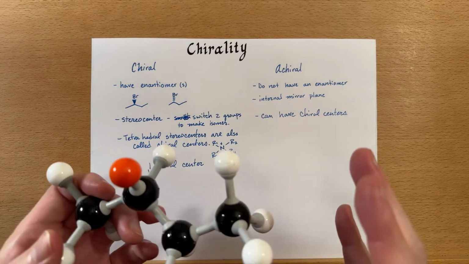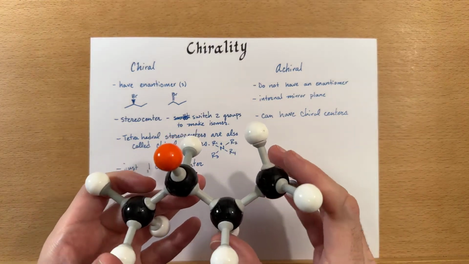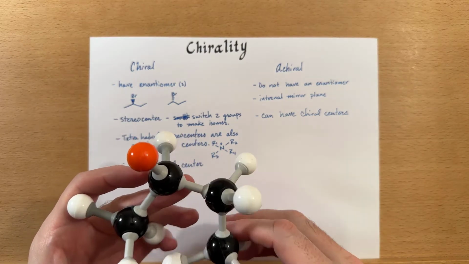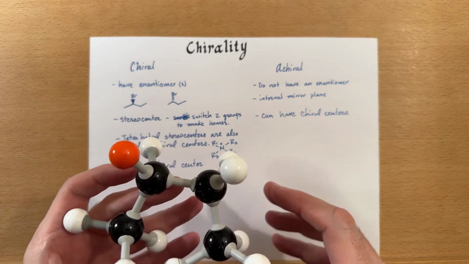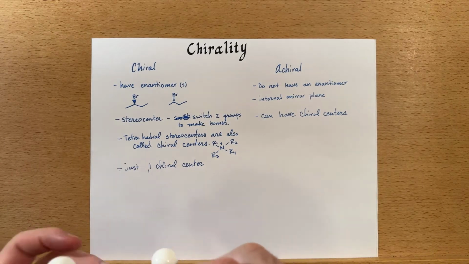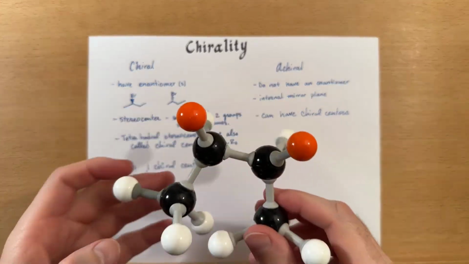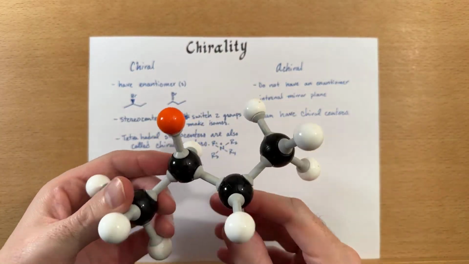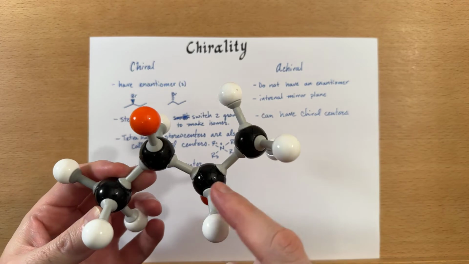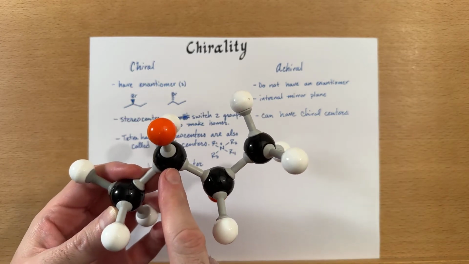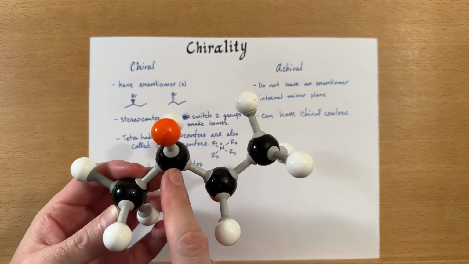So let's make an example of that. In order for me to do that, I'm going to rotate this around so that I get the right position here. Like so. So this carbon still has 4 different groups around it.